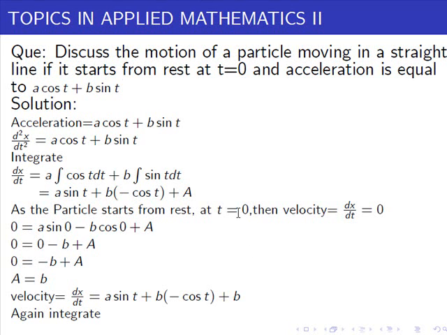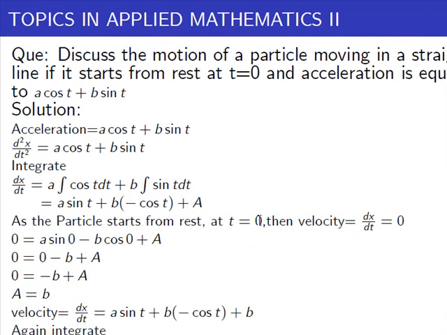So at t is equal to 0, the particle starts from rest, its velocity will be 0. That means when t is equal to 0, dx over dt is equal to 0. We put these two values in this solution. dx over dt is equal to 0, which is equal to a sin 0 minus b cos 0 plus A, the unknown.